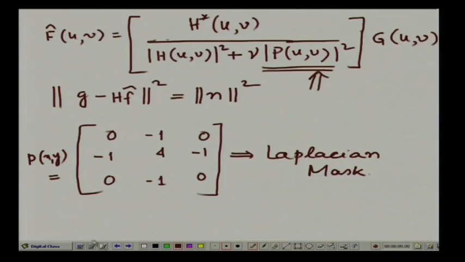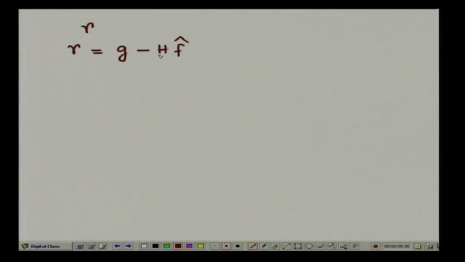For that iterative approach, we define a residual vector, say r, where r is equal to g minus H f hat. Remember that g is obtained from the degraded image, the degradation matrix H is obtained from the degradation function H x, and f hat is the estimated restored image.